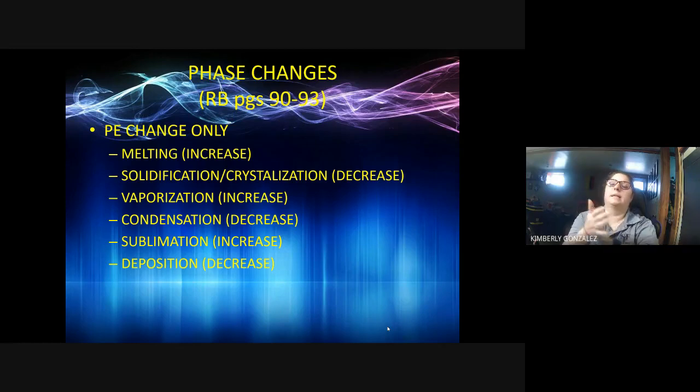Okay, so anytime that you have a phase change, going from a solid to a liquid, a liquid to a gas, or a gas to a liquid, or in terms of sublimation or deposition, when I skip the liquid phase altogether and go from a solid to a gas, or a gas to a solid in cases of deposition, your potential energy is going to change, and it's going to be the only thing that changes.